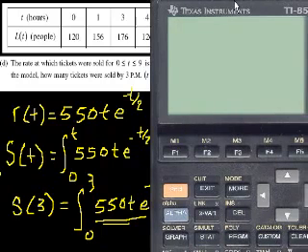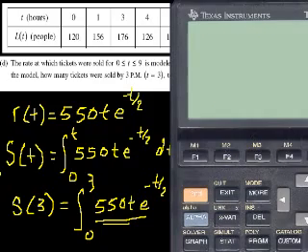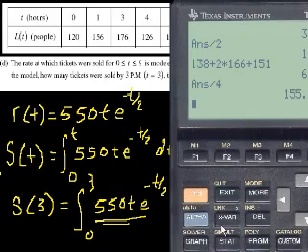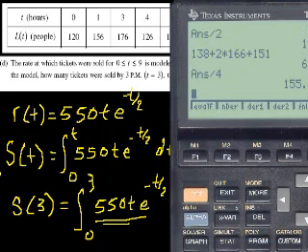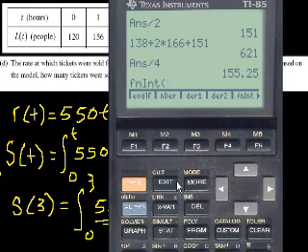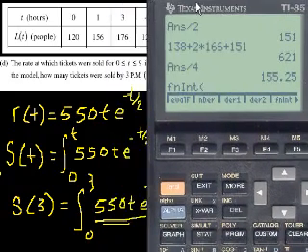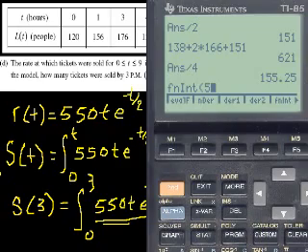So how do we do that? We just do the division button, but that's calc. The definite integral. Let me make sure I have that. So it's 550.